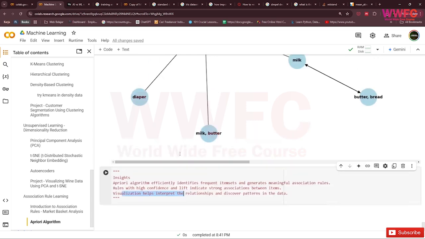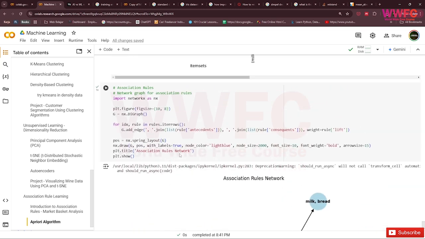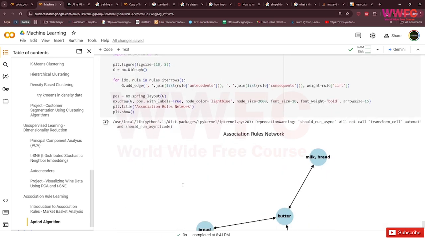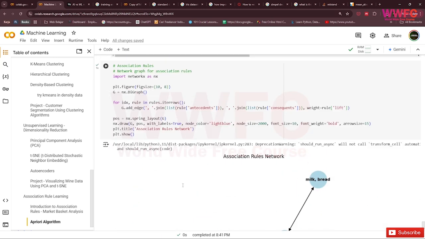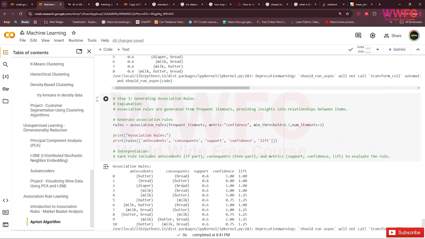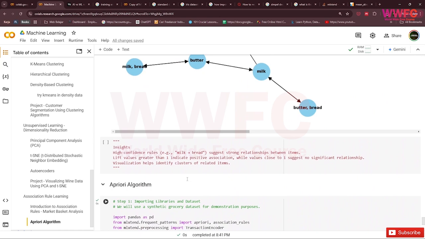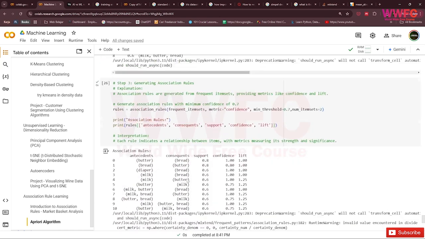So you use the association rules for the market basket analysis. Market basket analysis is just the bigger picture, and if you want to analyze the market basket analysis, you use the Apriori algorithm. That is the difference, right?